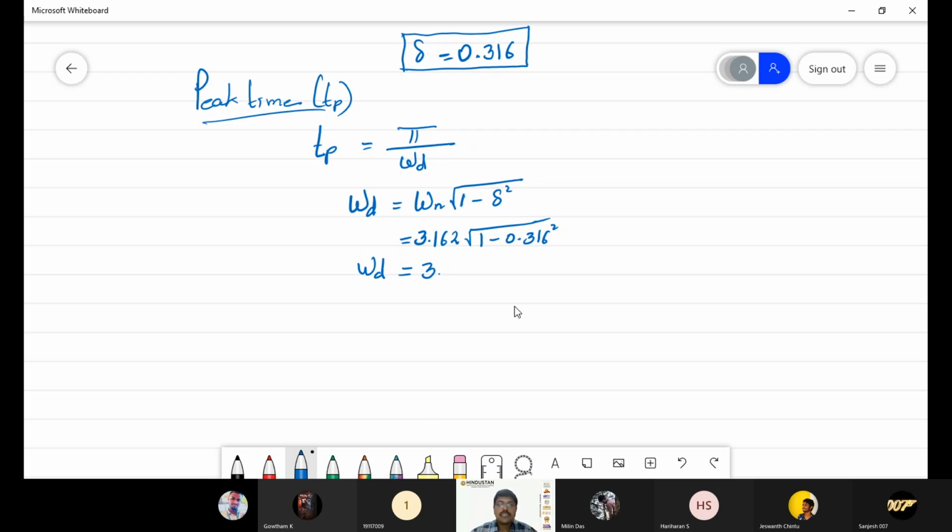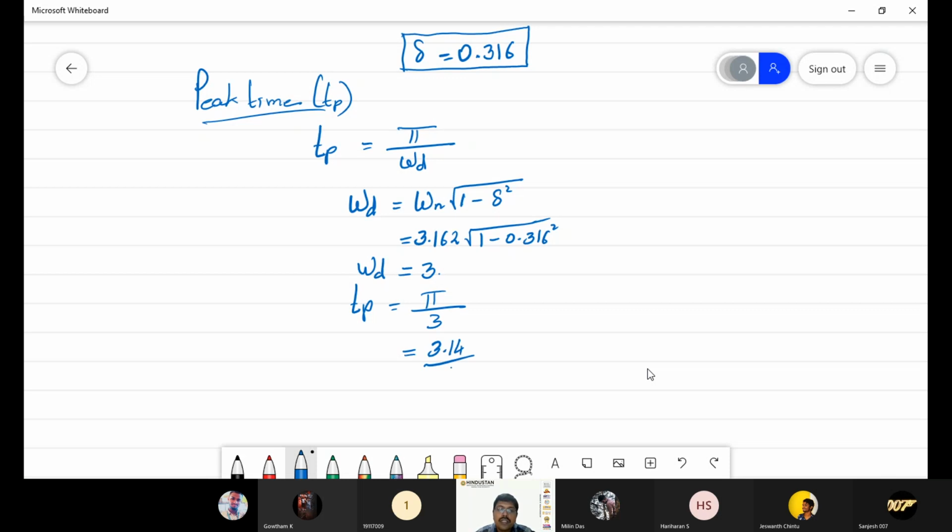Now I am substituting the value here, that is Tp is equal to pi divided by 3, right? You know that the pi value is 3.141. You can substitute 3.14, and then you will get the value as 1.04, I think.